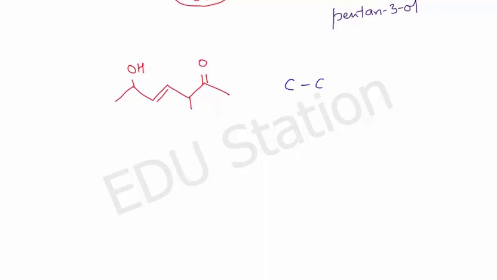First of all, C double bond O is keto, so on this end 1, 2, 3, 4, 5, 6, 7. This is out. This simply indicates methyl. So you have 7 carbons, so it will be hept-4-en-2-one. That will be the end.